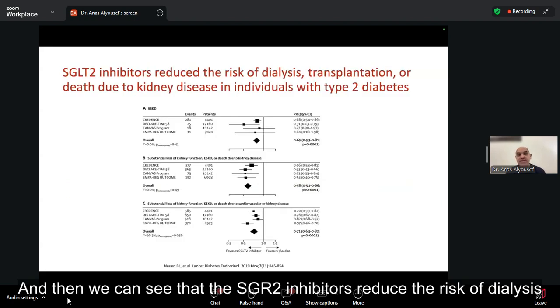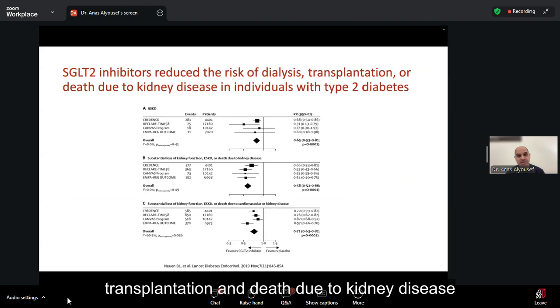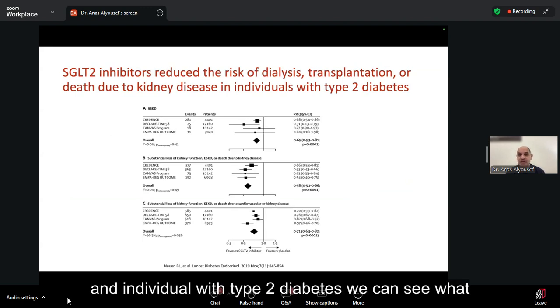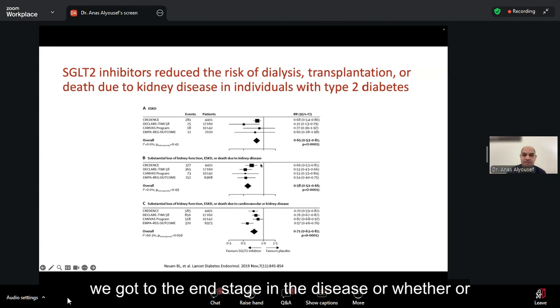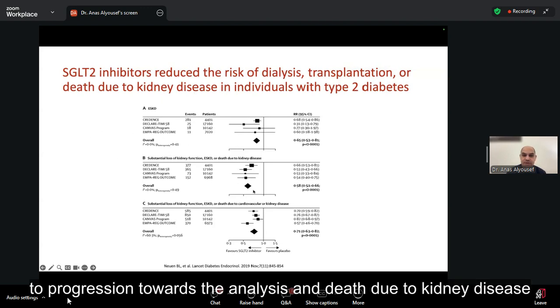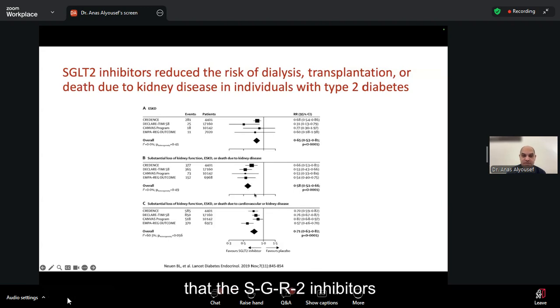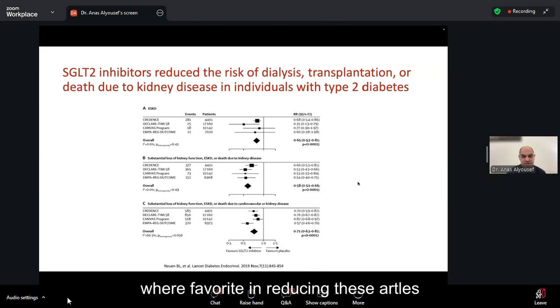Here we can see that the SGLT2 inhibitors reduce the risk of dialysis, transplantation, and death due to kidney disease in individuals with type 2 diabetes. With regards to end-stage kidney disease, or progression towards dialysis and death due to kidney disease, the SGLT2 inhibitors were favored in reducing these outcomes.